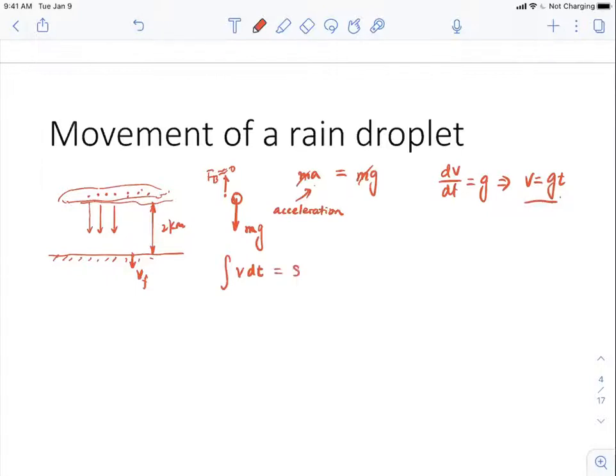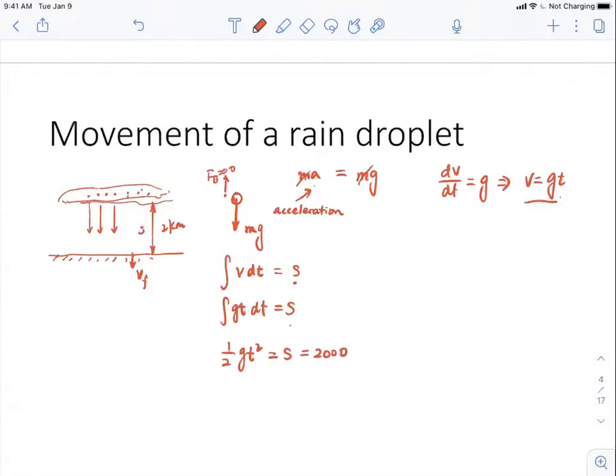So basically we have the integral of gt dt equal to s, and the integral of gt is 1/2 gt squared, equal to s. And we know that s here is basically the distance. That's going to be 2 kilometers.